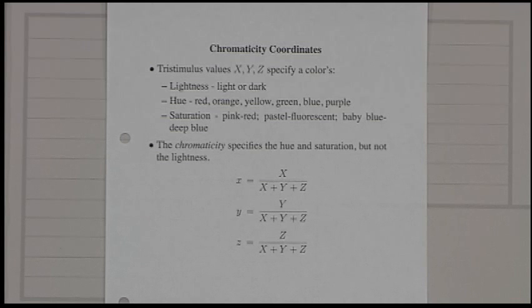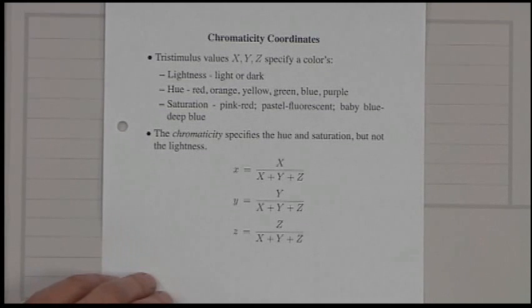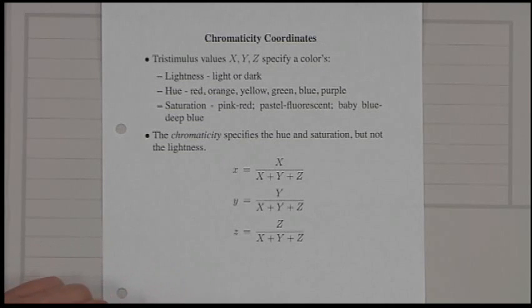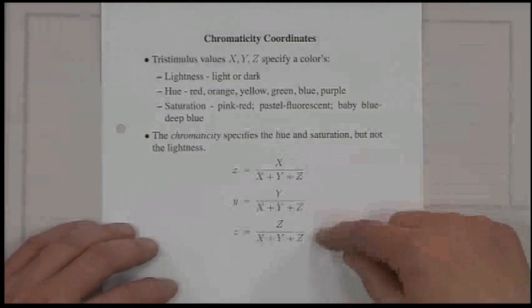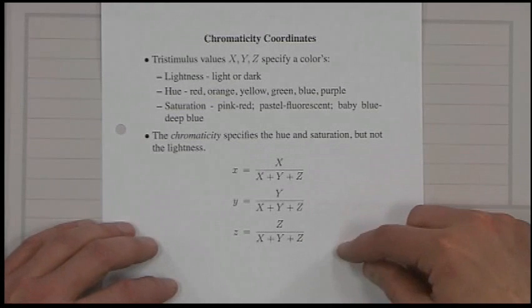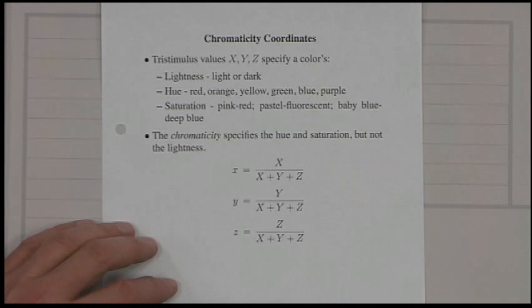Okay? So now, chromaticity coordinates are a very simple idea, really. You take the XYZ values, and remember, we assumed that the XYZ values were computed assuming that the color matching functions associated with them integrated to 1.